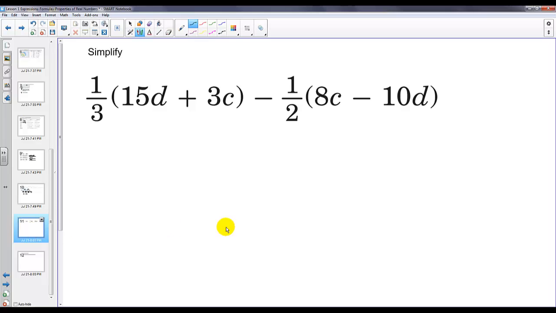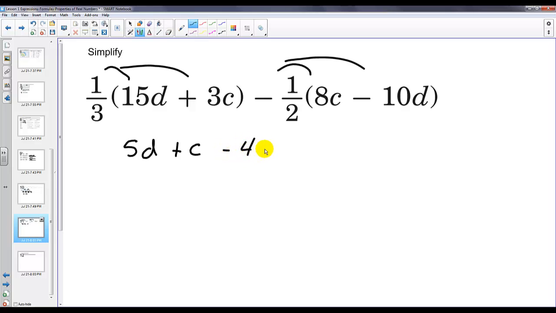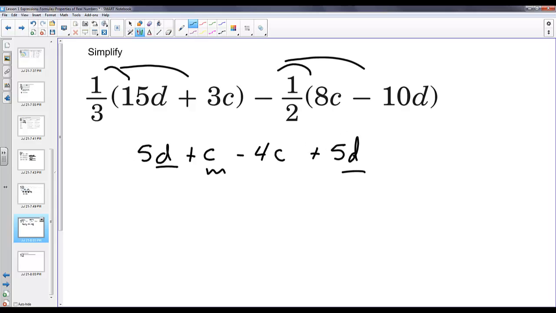Likewise, in a situation like this, it's really no different except we have fractions. So we multiply these in, and we end up with 5d plus c and minus 4c plus 5d. Once again, like terms, d's and c's, no exponents to deal with at this point.